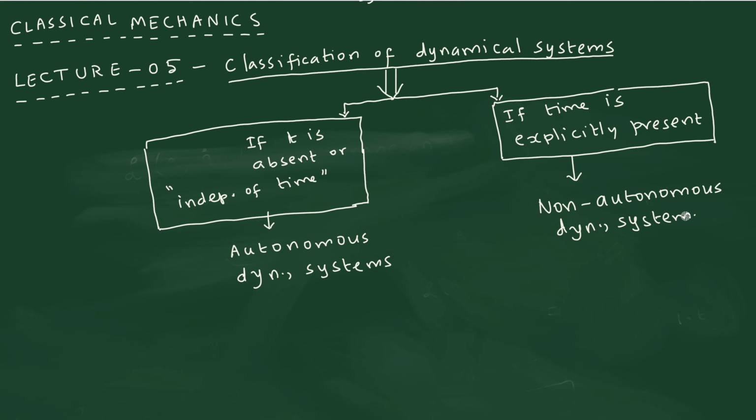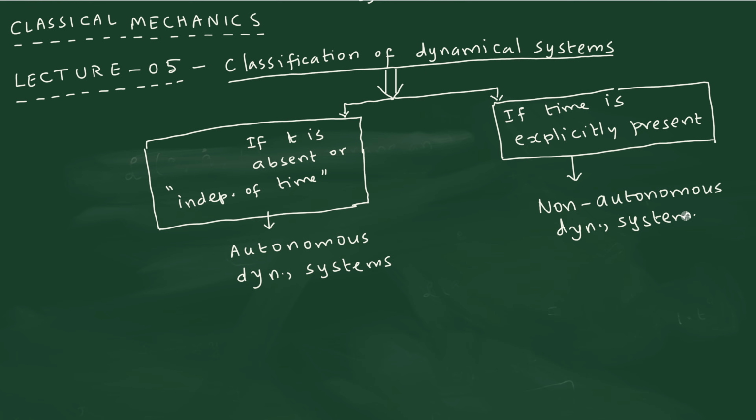This is important terminology. The first question is why you want to make all this classification. We could consider all dynamical systems under one heading and keep learning them. So what is the point in making this classification? The reason is that of the mathematical method for the solution.